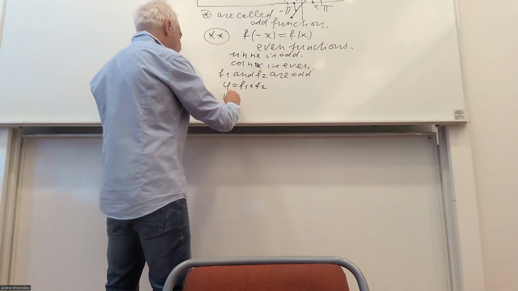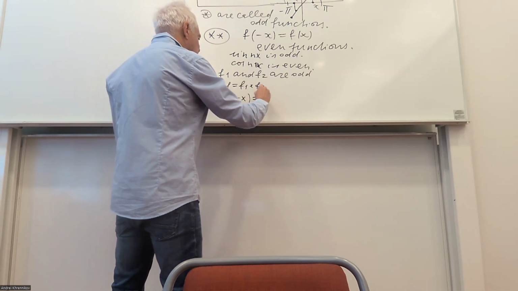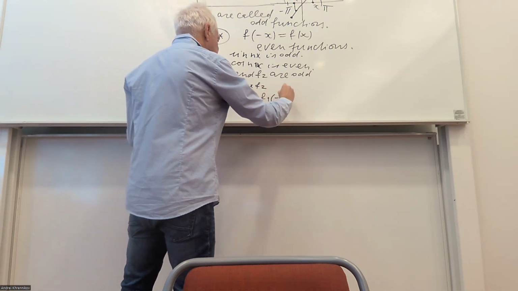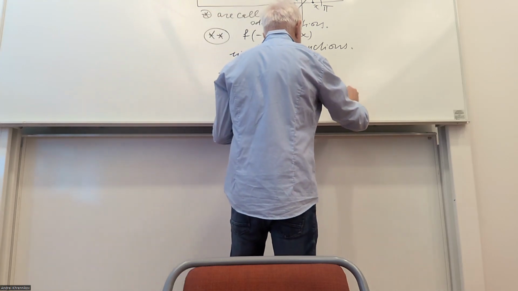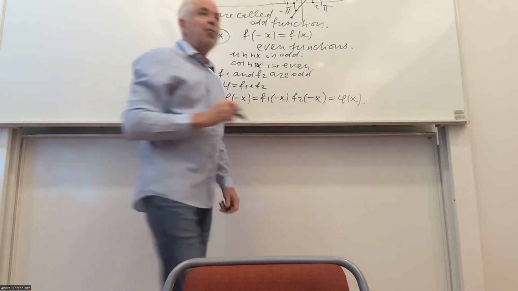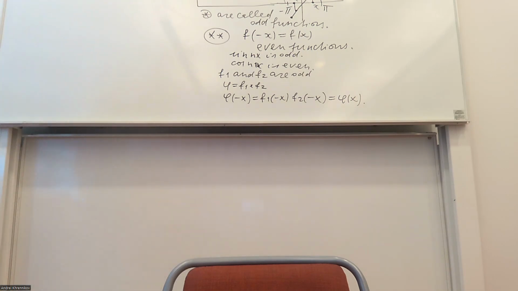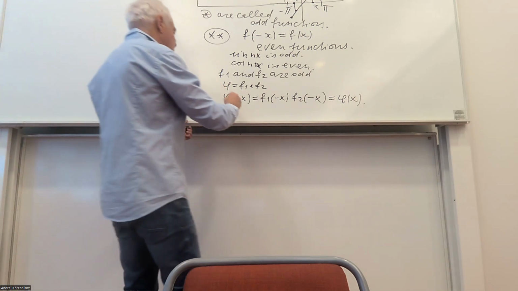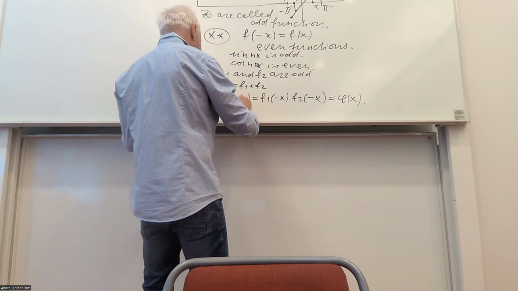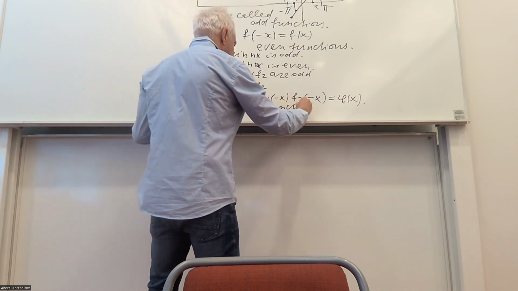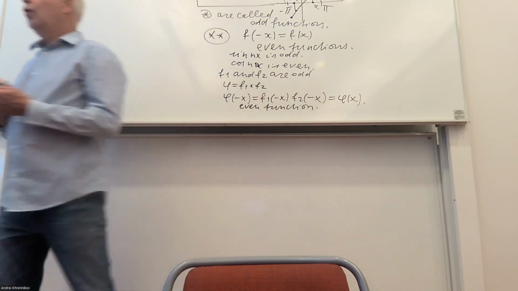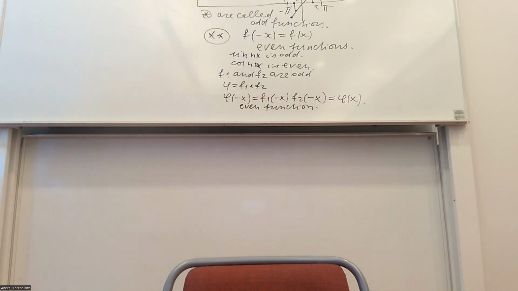Then phi(-x) is f1(-x) f2(-x), minus times minus, it is phi(x). So the product of two odd functions is an even function. Of course, the product of two even functions is even, yeah? The sign is not changed.